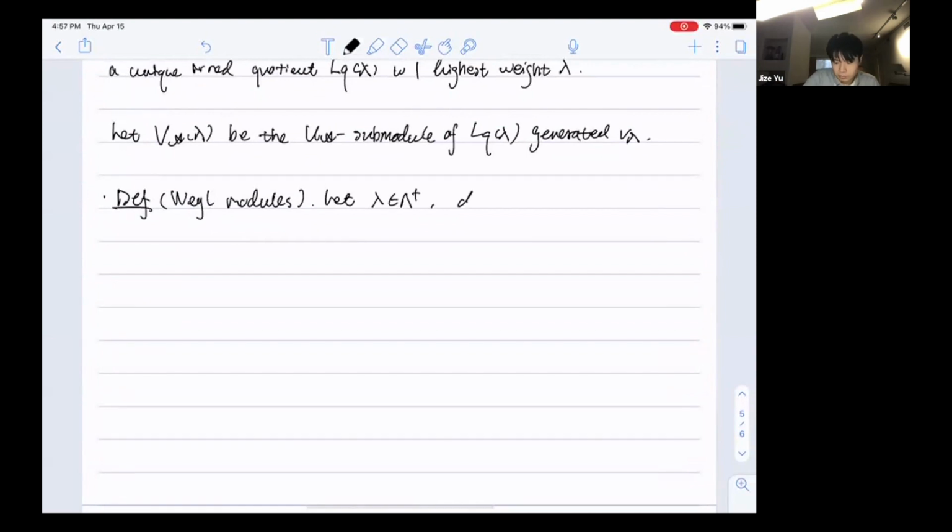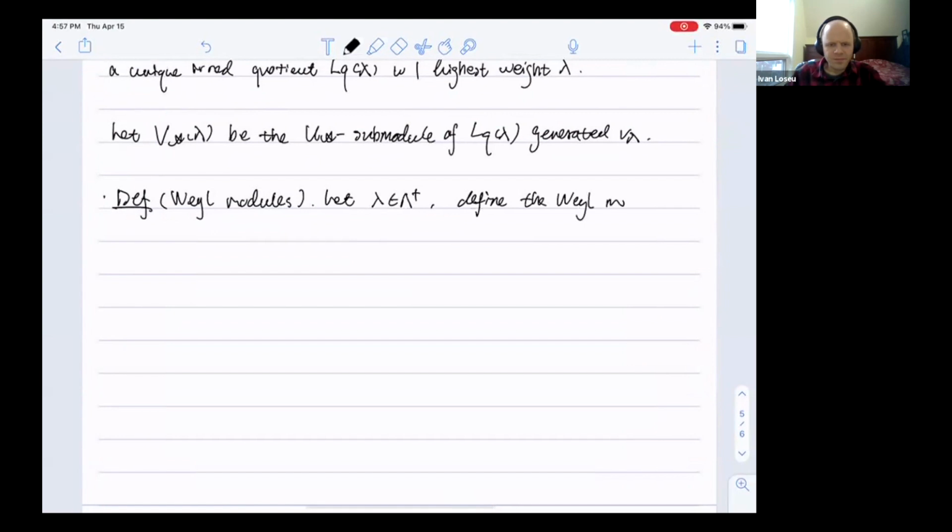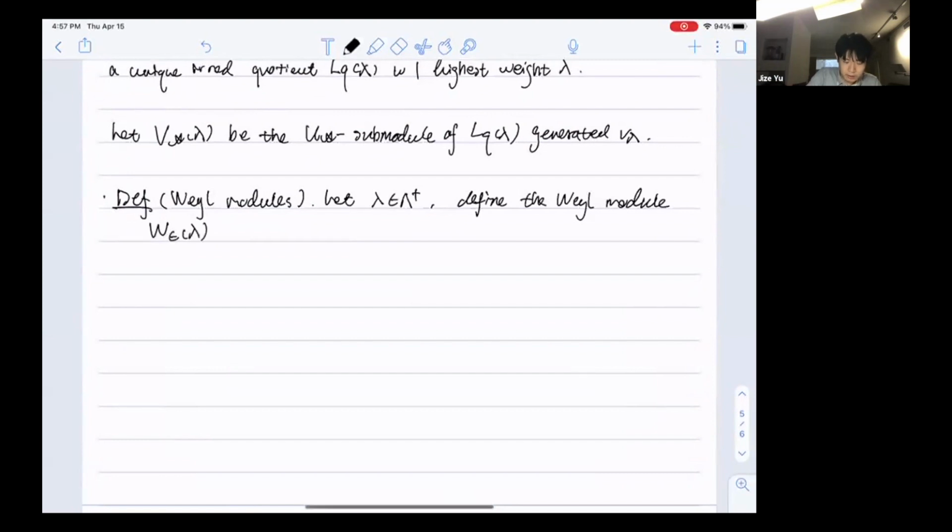Then we define the Weyl module W epsilon of lambda to be this V A of lambda tensor with C over A, via the homomorphism A to C, which sends this Q to epsilon.